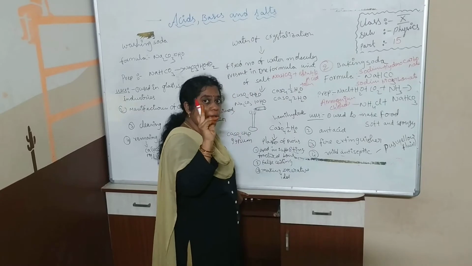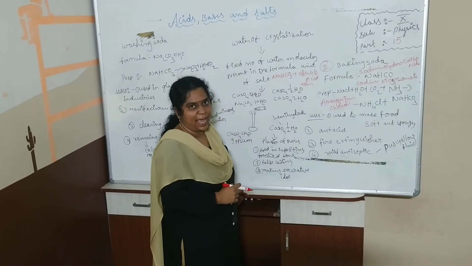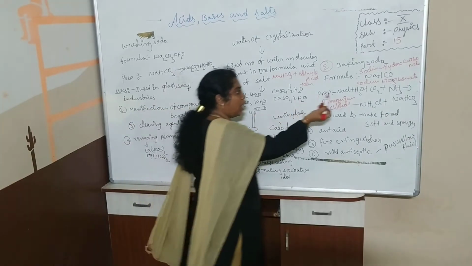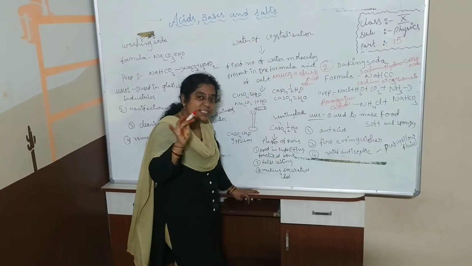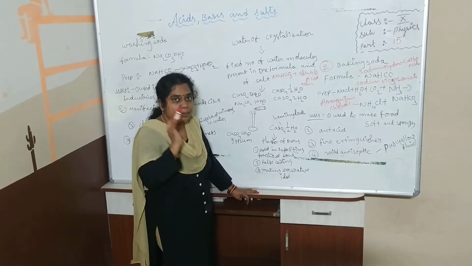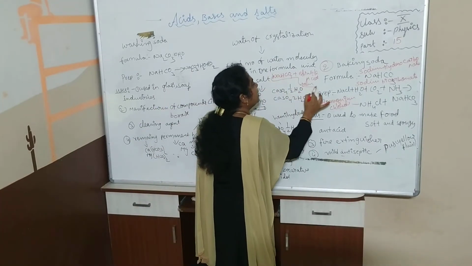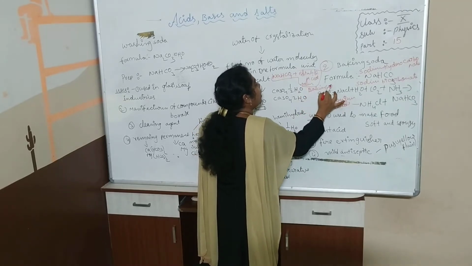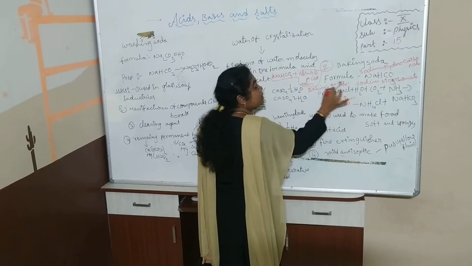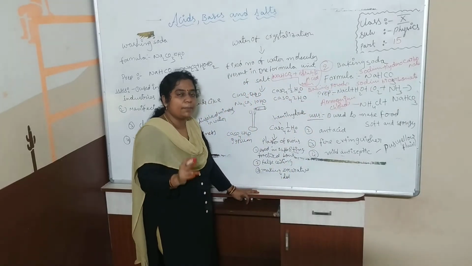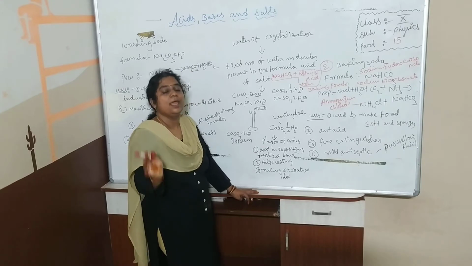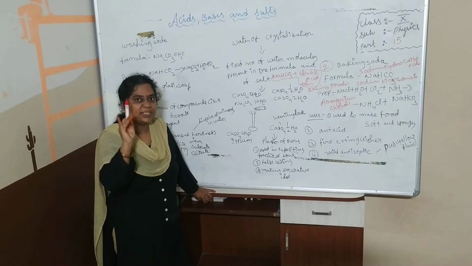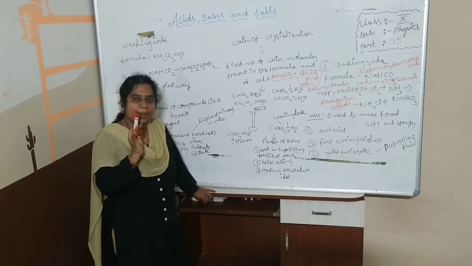Tartaric acid is an edible acid. When baking soda NaHCO3 is mixed with some tartaric acid, some edible acid, then you will get baking powder. Baking powder is different from baking soda. Baking soda means NaHCO3. Along with that NaHCO3, you will have some edible oil also in the baking powder.